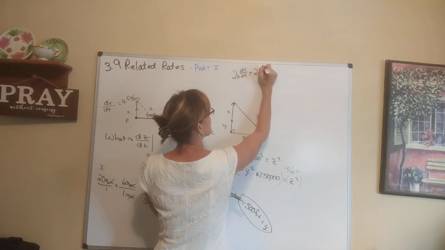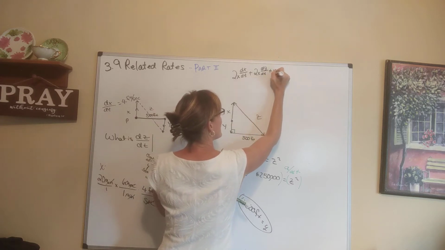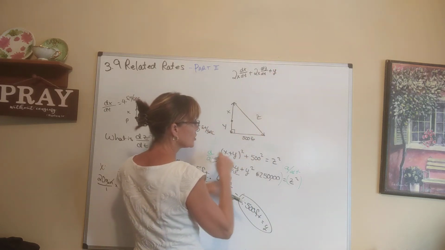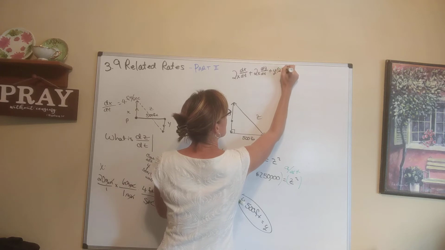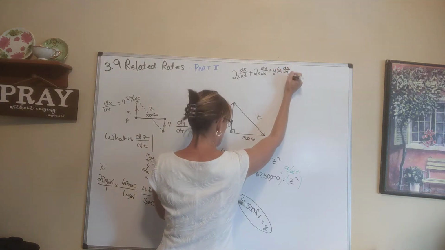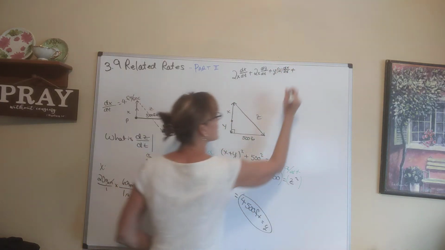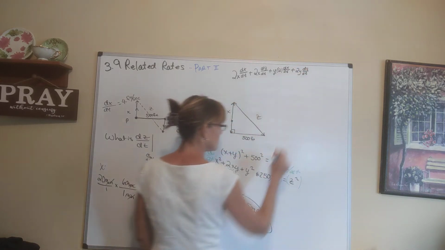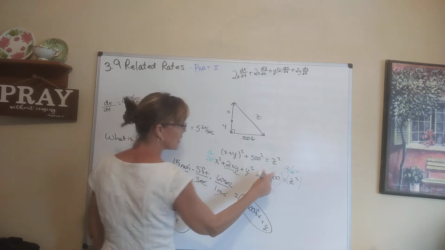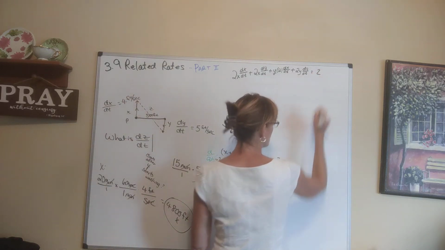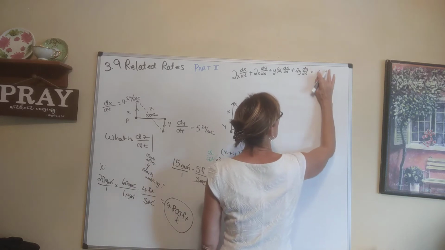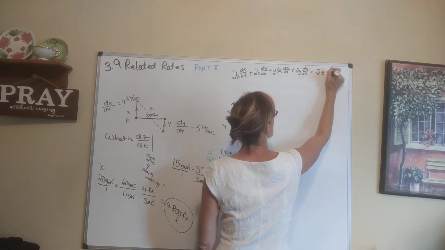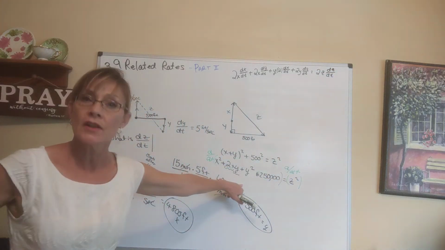First, 2x times the derivative of the second, dy dt, plus second, y times the derivative of the first, 2 dx dt, chain rule, plus the derivative of y squared is 2y dy dt, plus the derivative of a constant, which is 0, is equal to 2z dz dt. So that is the derivative of this function with respect to time.